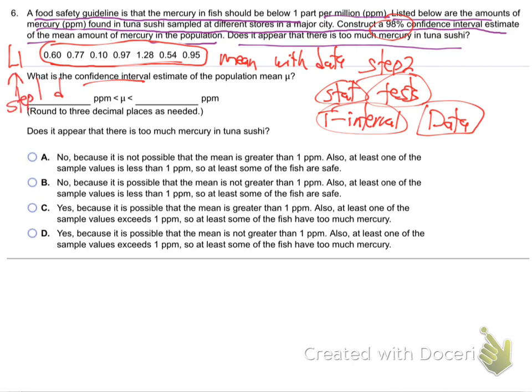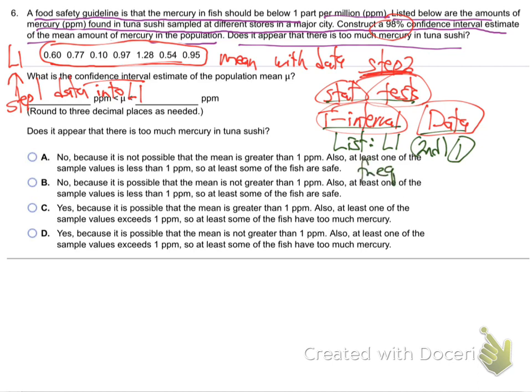Step 1, data into L1. Step 2, go to stat, test, T interval, choose data. Under list, you should have L1. Remember how, if it's not L1, change it to L1? You had to hit second and 1, and it'll make it L1.